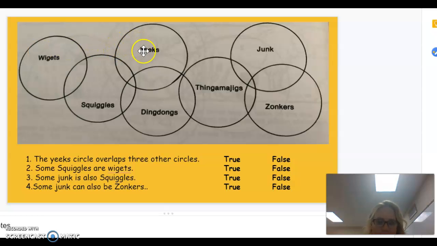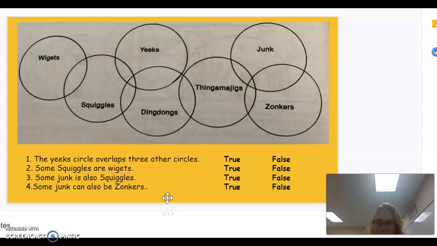I find Yeek on the circle and notice that it overlaps both squiggles and ding-dongs, but that it does not overlap any more. So right here and right here. To answer this question, I would then circle false on number 1. Because number 1 says the Yeek circle overlaps 3 other circles, so that would be false.